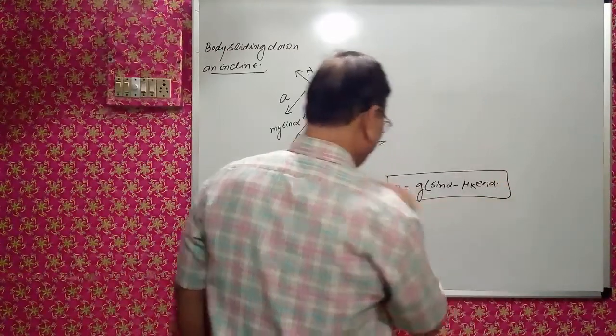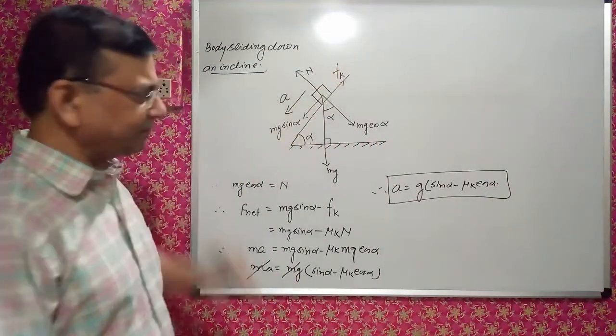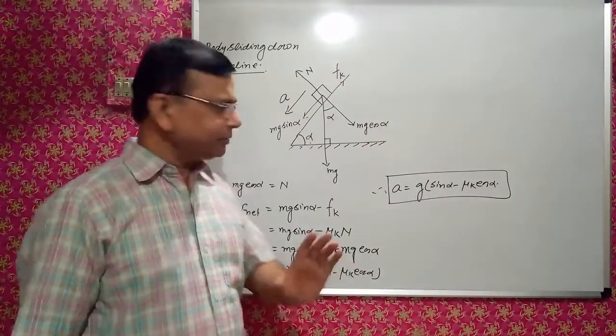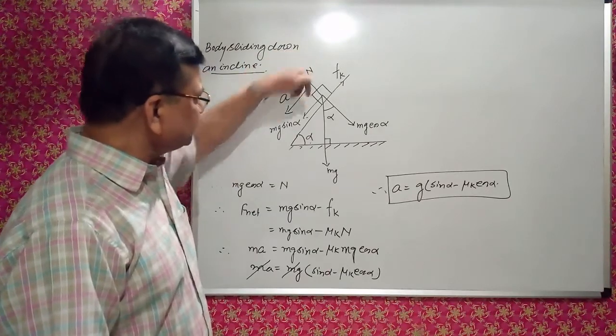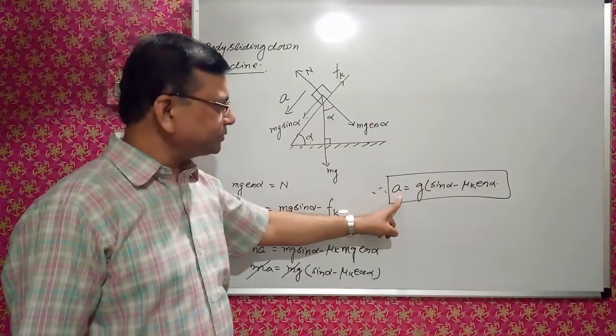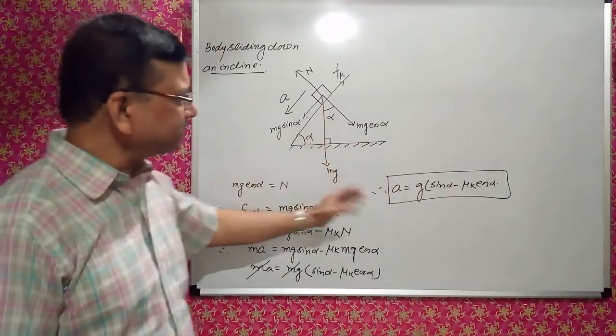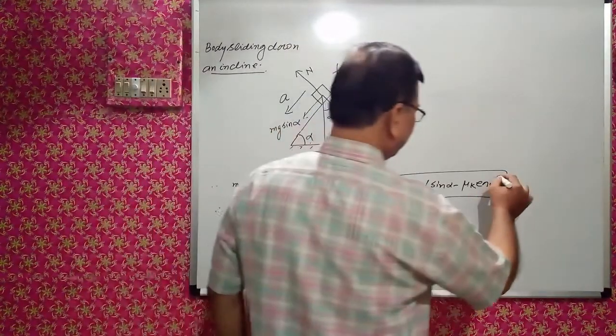So, when the object is sliding on a rough inclined surface without any other external force except gravitational pull, in that case the acceleration caused will be equal to g (sin alpha minus mu k cos alpha).